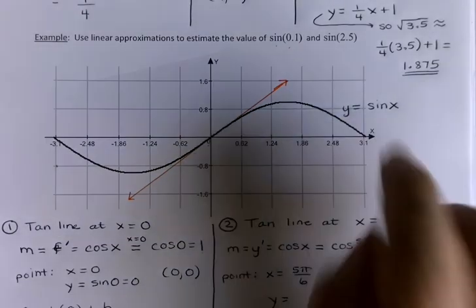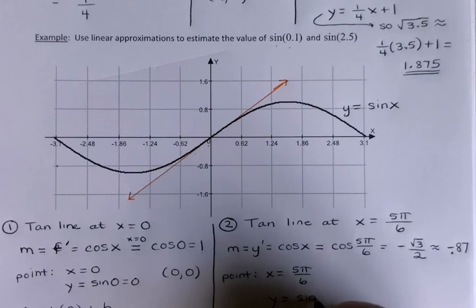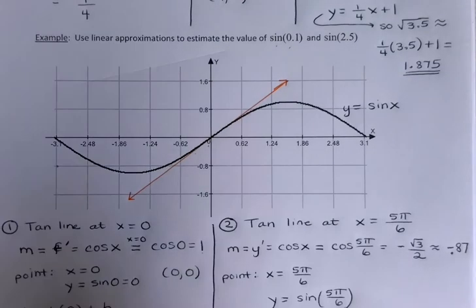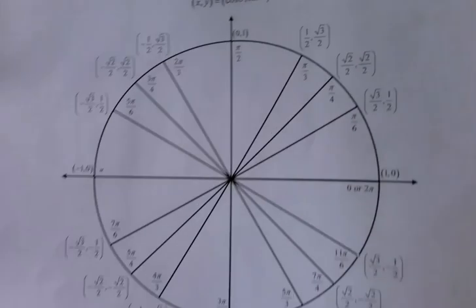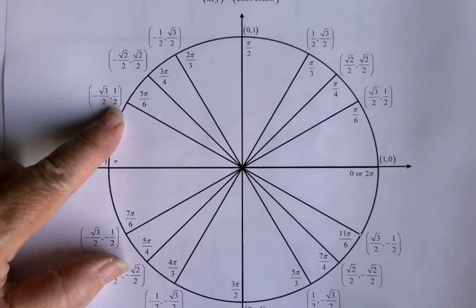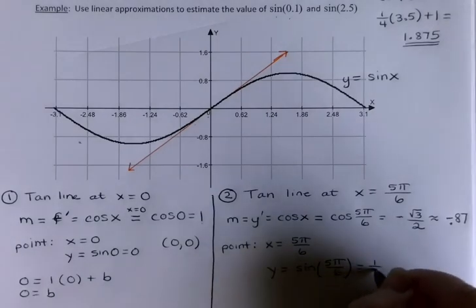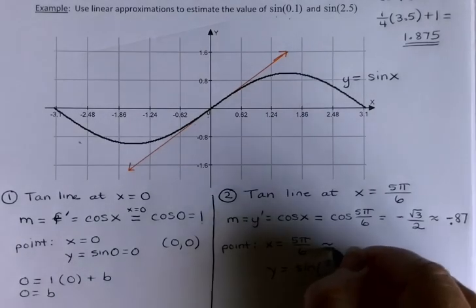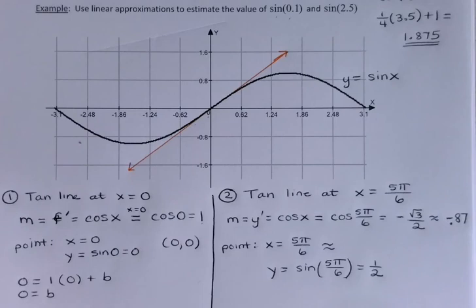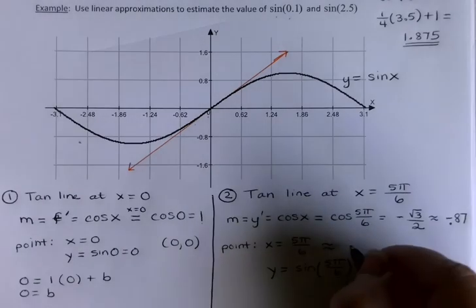Y is the sine of 5 pi over 6. And the sine of 5 pi over 6 would be 1/2. Let's get a decimal approximation for the x. It's about 2.62.